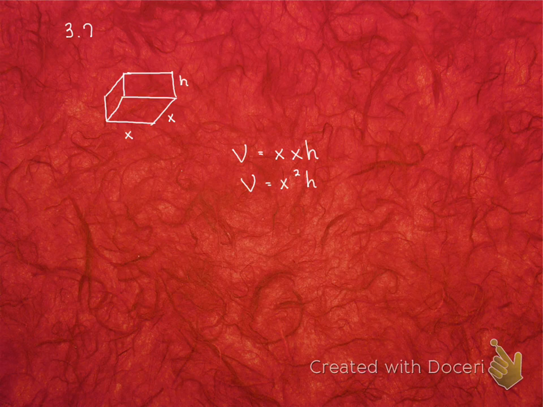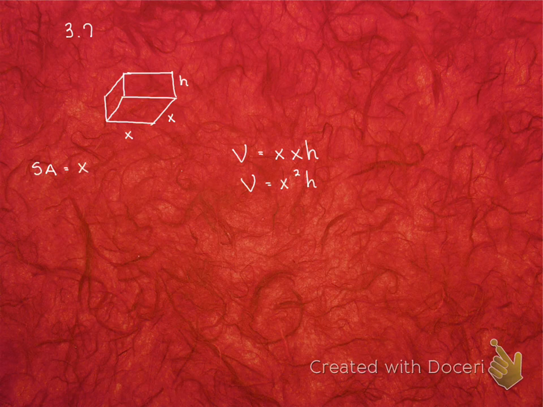Easy enough. The other formula that we need is for the surface area of that box. Remember, surface area is the area of the base plus the area of each of the four sides.